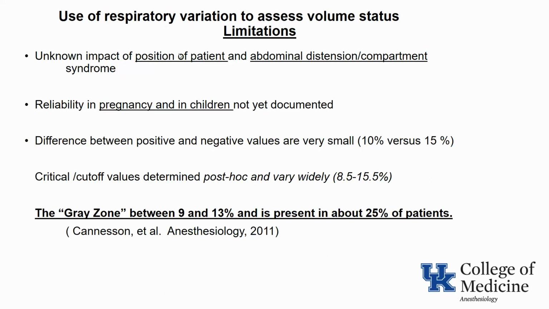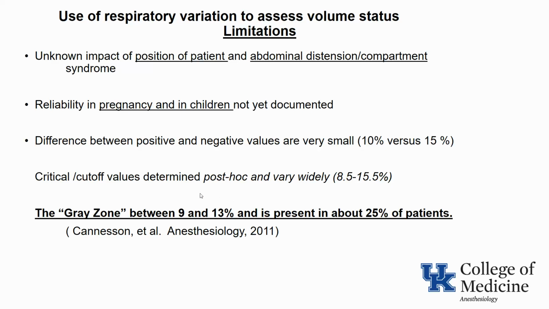The impact of patient position and abdominal distension and compartment syndrome is unknown. The reliability in pregnancy and children is not yet documented. And in my opinion, the difference between the positive and negative values is very small. The difference between 10% and 15%. The cutoff values are determined by post hoc analysis and vary widely between 8.5% and 15%.